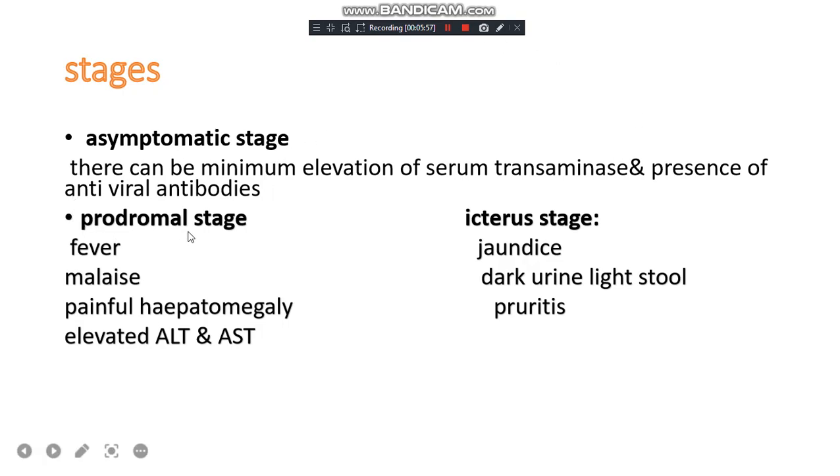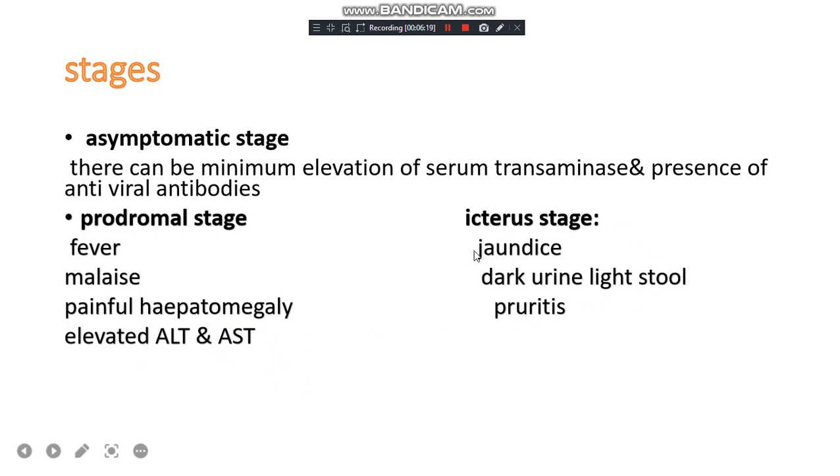The patient becomes symptomatic in the prodromal stage, and the third stage is the icterus stage. In the prodromal stage there will be fever, malaise, painful hepatosplenomegaly, and elevated alanine transaminase and aspartate transaminase. Remember again, ALT will be elevated as compared to AST.